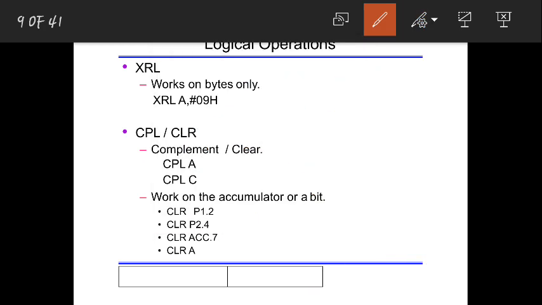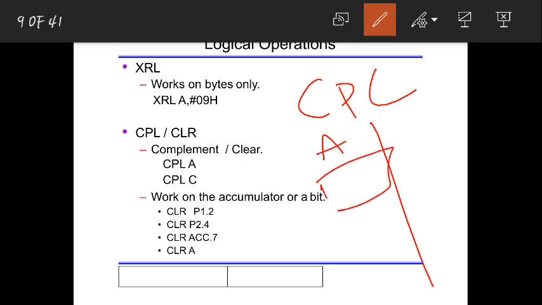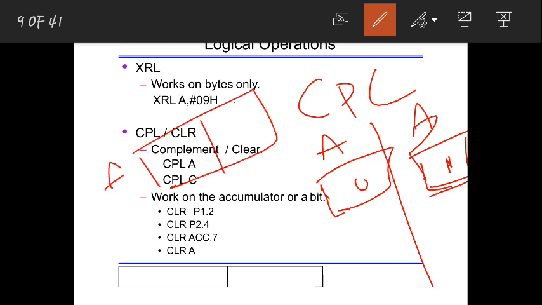Then you have complement. Here also I'll take two examples. I'll write A is equal to 0 here and A is equal to 1 here. Whenever I write this, I mean in this accumulator I have all zeros, 8-bit operations I'm talking about. That means I'll have 00H here.